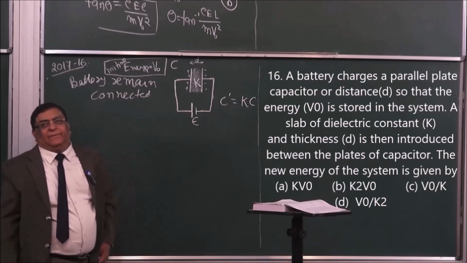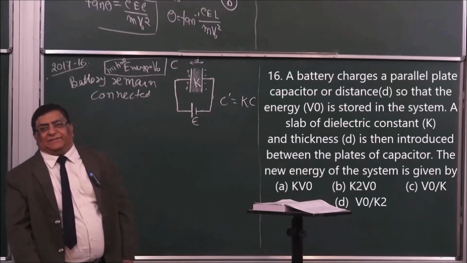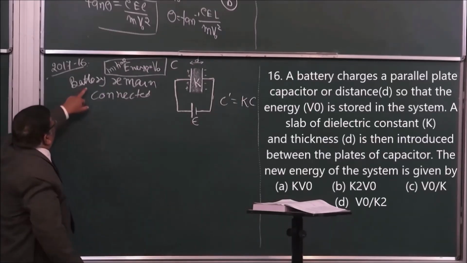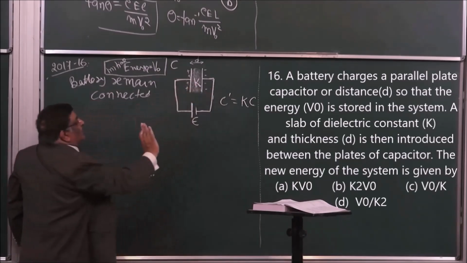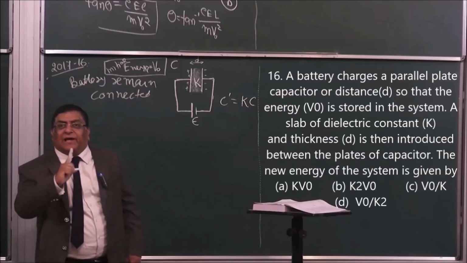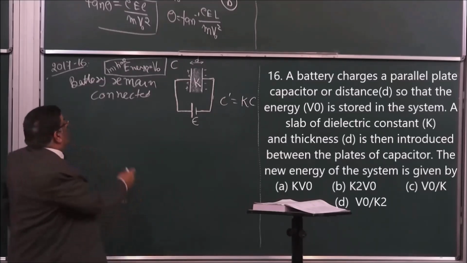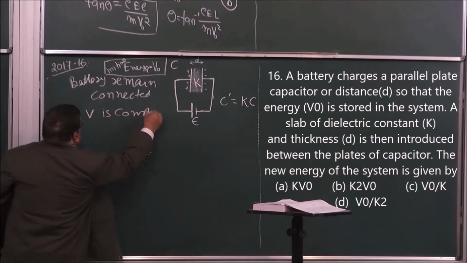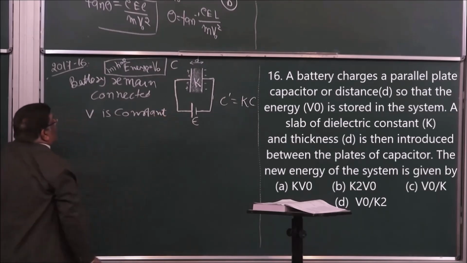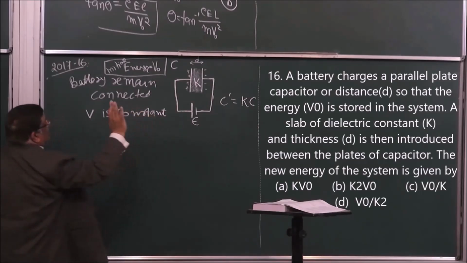What is the effect of the battery which remains connected? If the battery remains connected, its potential cannot decrease or increase. So V is constant. So now we know C dash has increased, and V is constant.